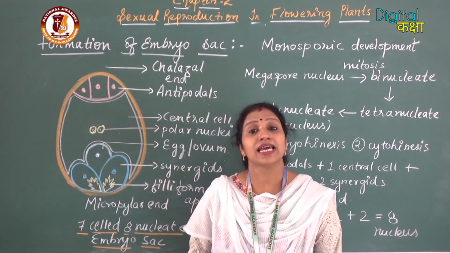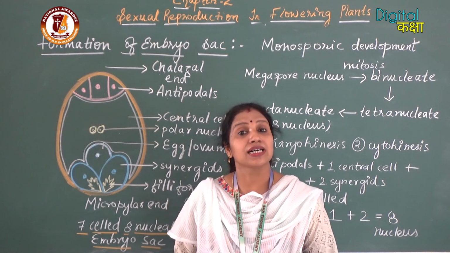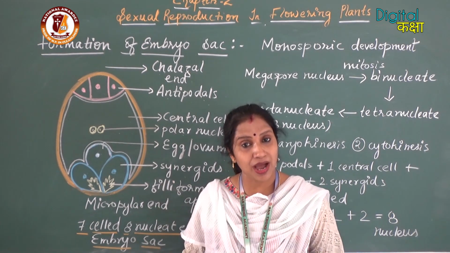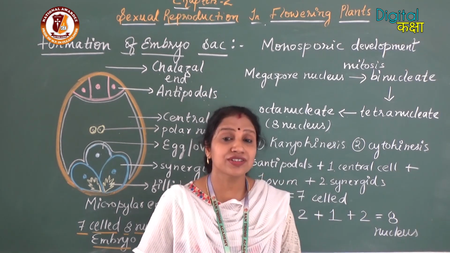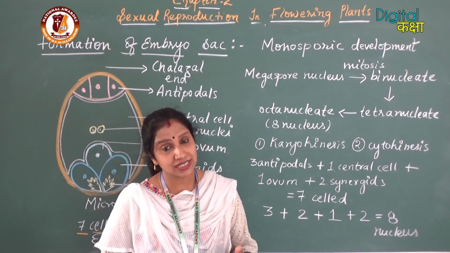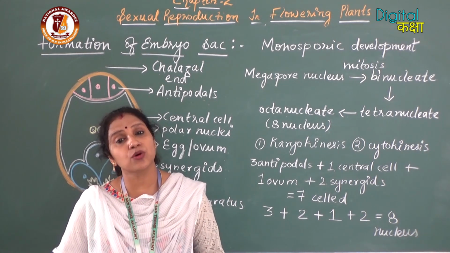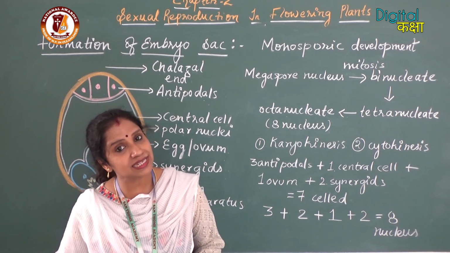So, students, in this class we have studied the structure of the anatropous ovule, the different parts of the anatropous ovule and its functions. After that, we have discussed megasporogenesis, the process by which the haploid megaspores are formed from the diploid megaspore mother cell.